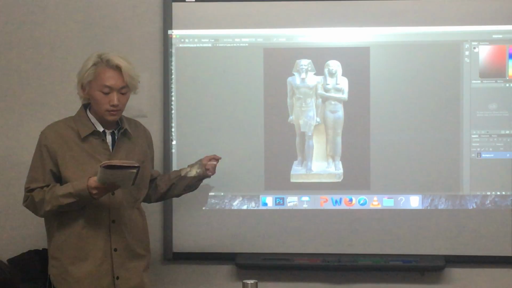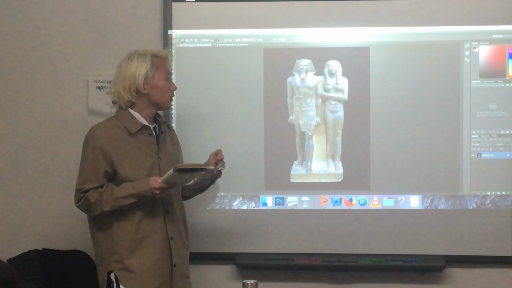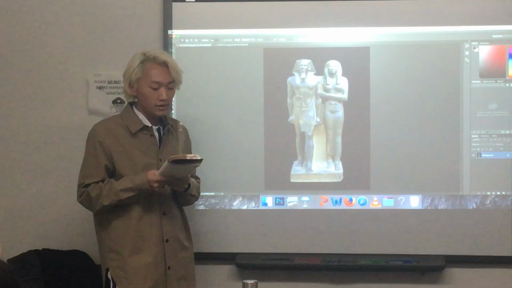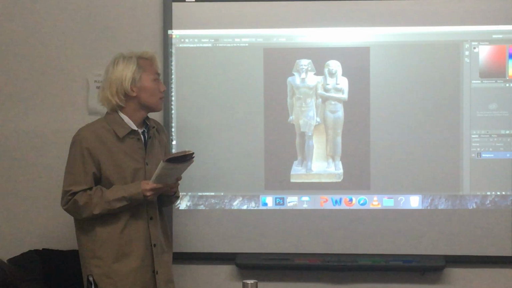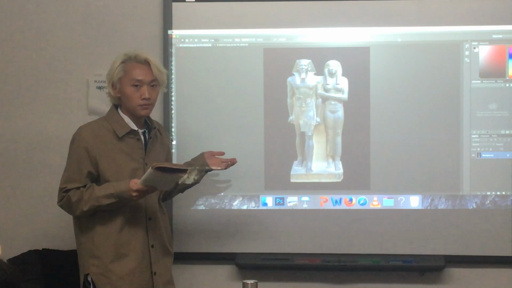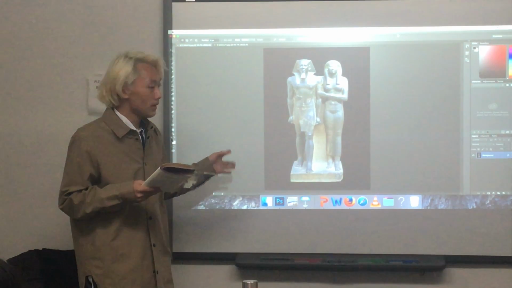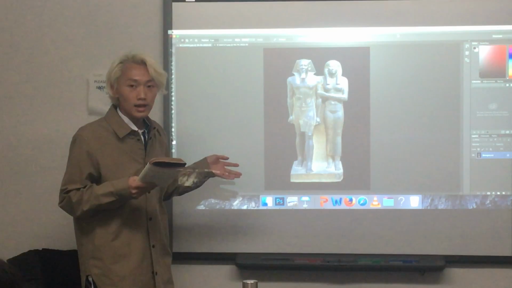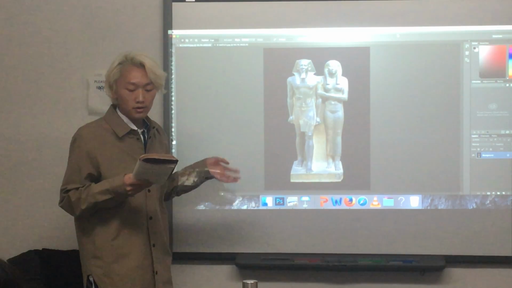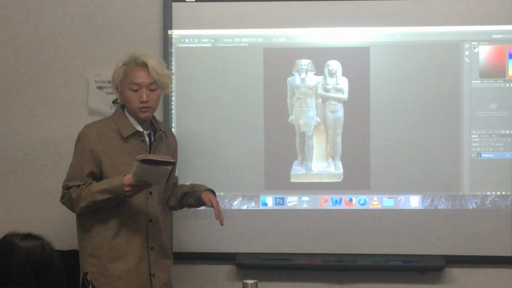So this is the Egyptian pharaoh statue, Menkaure and his wife. It is from the Old Kingdom, 4th Dynasty. This piece is made out of gray wax, and the height is 142.2 centimeters.